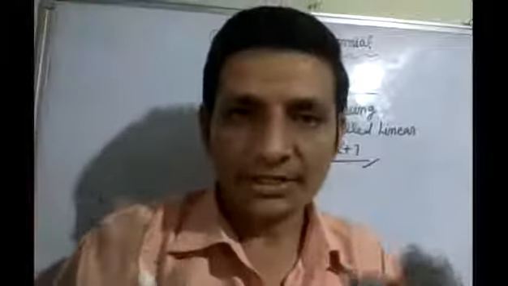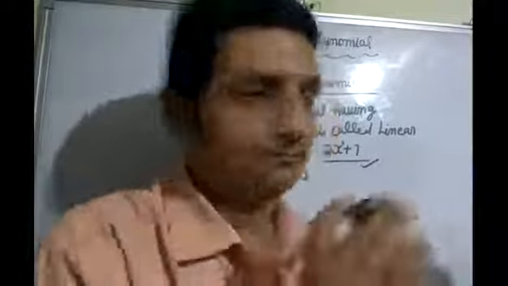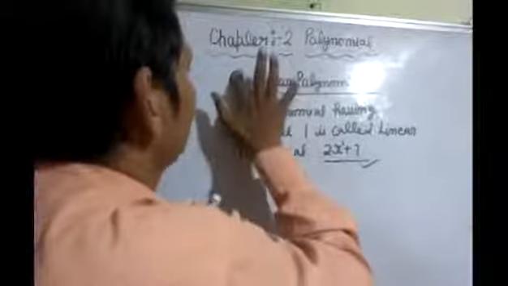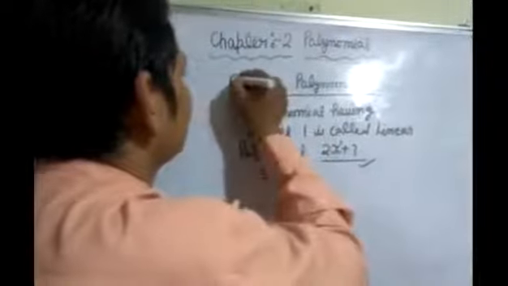Number 2 is quadratic polynomial. A polynomial of degree 2 is called quadratic polynomial.